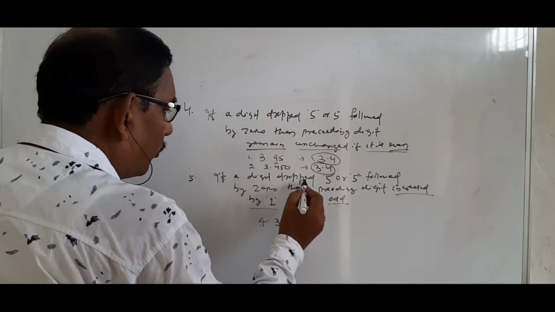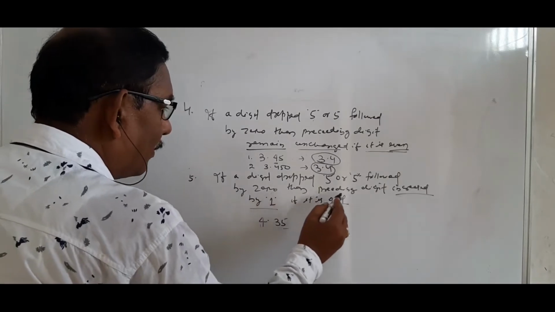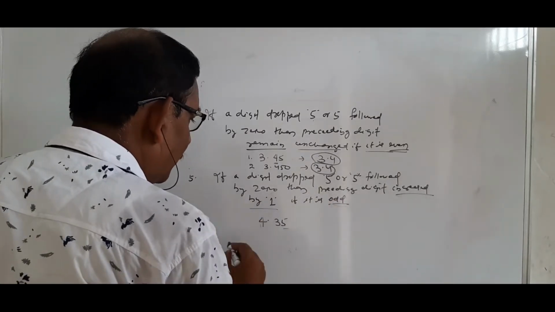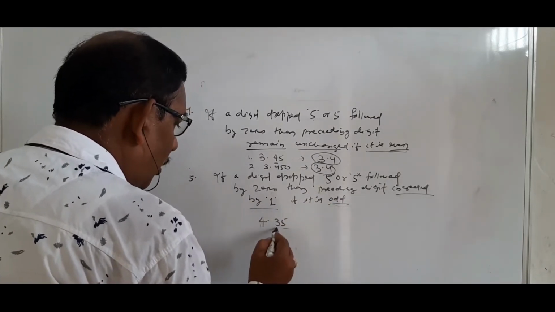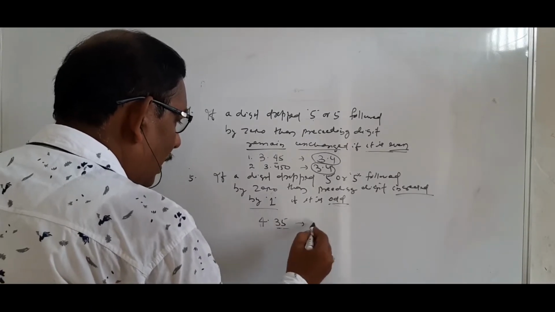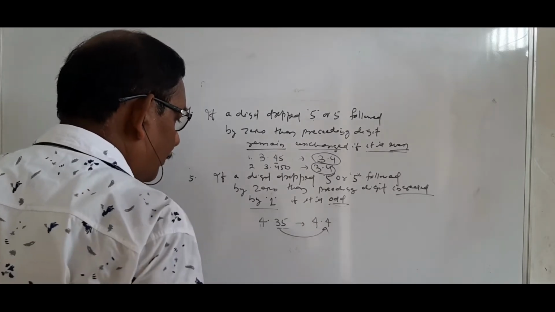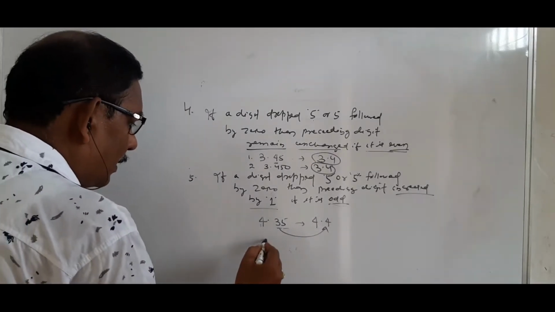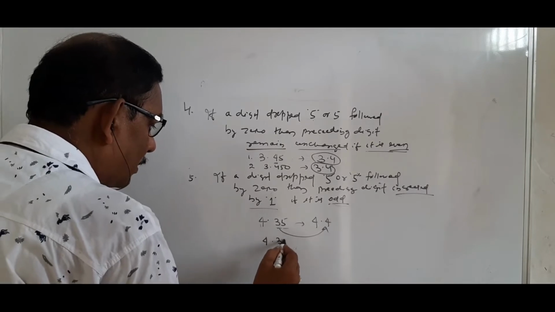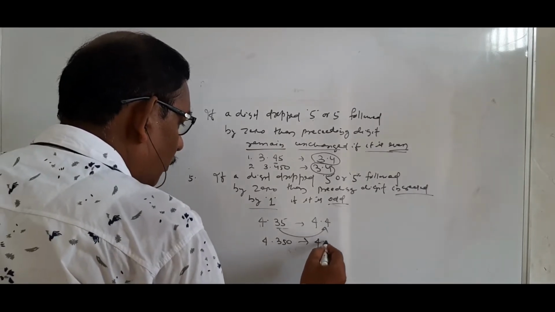The preceding digit is odd, that is 3, so it is increased by 1, which means this is 4.4. Similarly, if the value is 4.350, it also becomes 4.4.